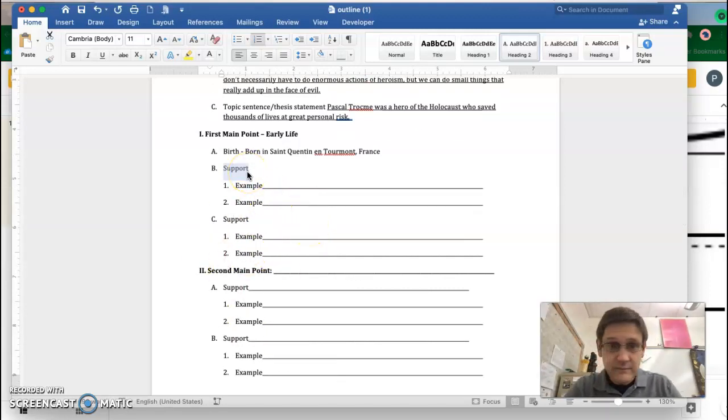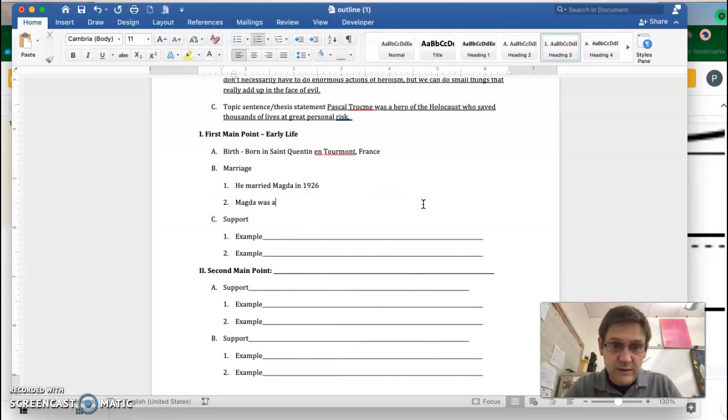Now, I also found out about his marriage, okay? And my first main point is that he married Magda in 1926. My other point about that is Magda was also a native of France, born there, just like he was.